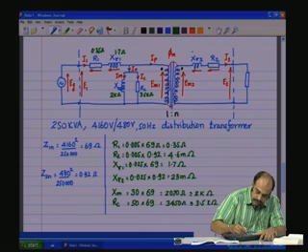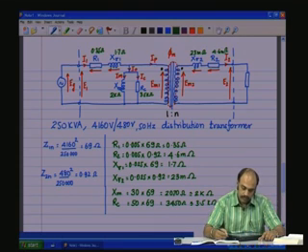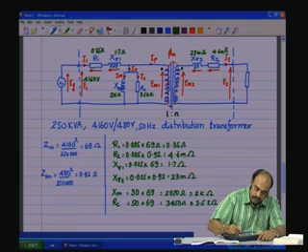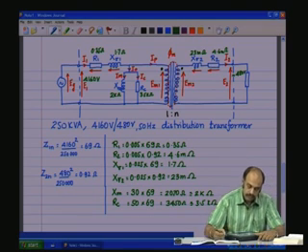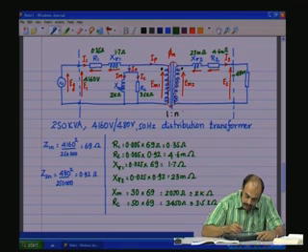This we found as around 23 milliohms. This is 4.6 milliohms. So, this has a voltage of 4160 volts, and on the secondary side, approximately 480 volts. This is the turns ratio N, which is equal to 480 by 4160.